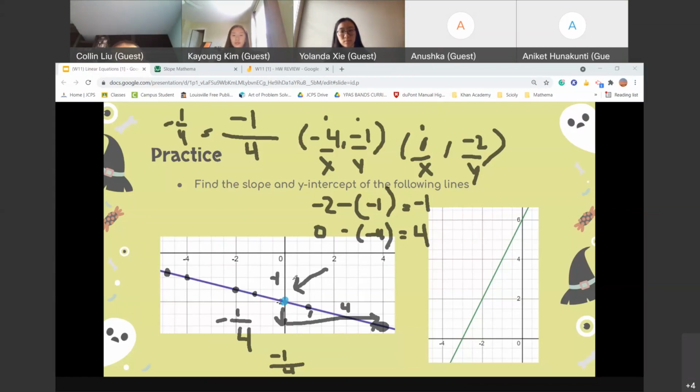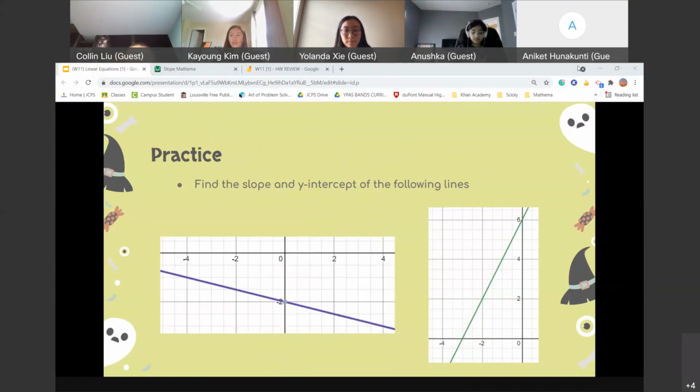Do you understand how to do slope? I think it was raise over rise. Okay, you're kind of close, but everybody else, you can move on to the green line. I'm just going to re-explain this one, but if you didn't get it, you're welcome to look at it again. So slope is rise over run.